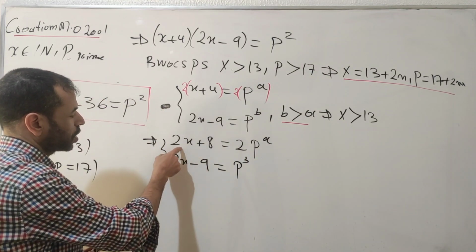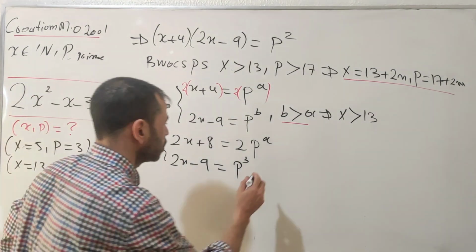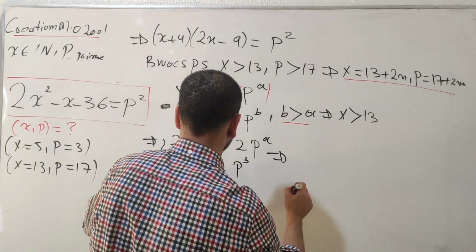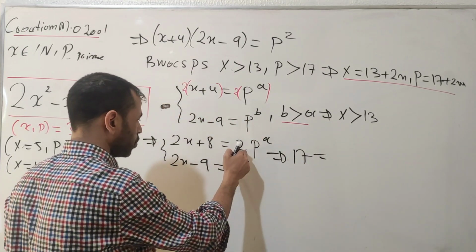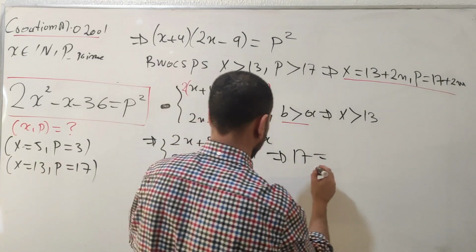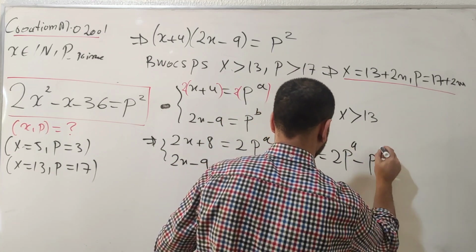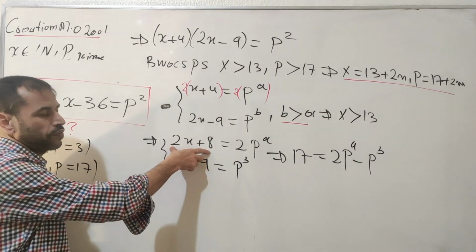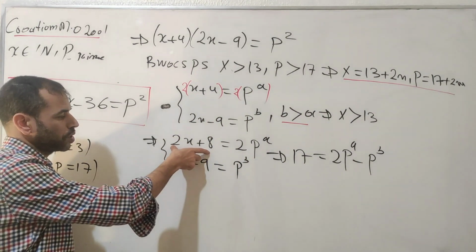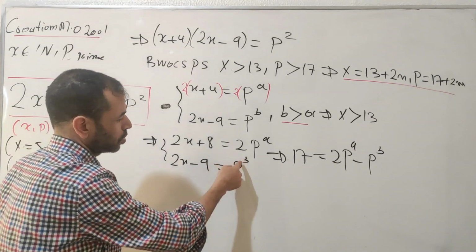I'm going to cancel out x by subtracting this equation from this equation. So I get 8 minus 9, which is 17. Then, 2 p to the a minus p to the b. After multiplying the first equation by 2, this one becomes bigger than this one.